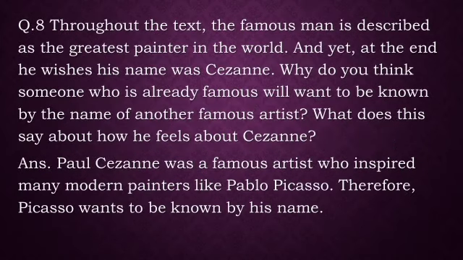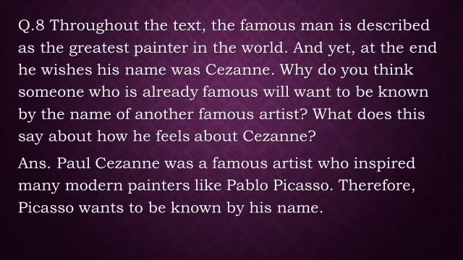Question number 8. Throughout the text, the famous man is described as the greatest painter in the world, and yet at the end he wishes his name was Cézanne. Why do you think someone who is already famous will want to be known by the name of another famous artist?